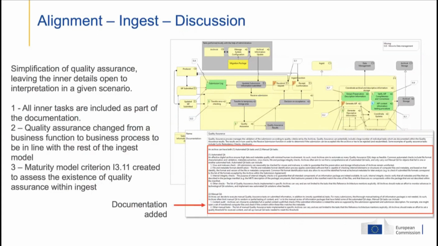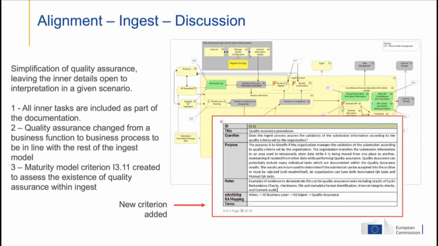We could think of these and these and these things, but you don't have to do that. It depends on your implementation. The other thing is that the maturity model didn't say anything about quality assurance during the ingest process. We are talking about virus checks, fixity checks, checking whether the SIP corresponds to the transfer agreement, these kinds of things. So this part had to be added to the maturity model requirements.